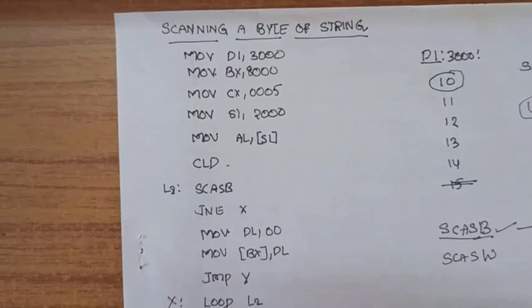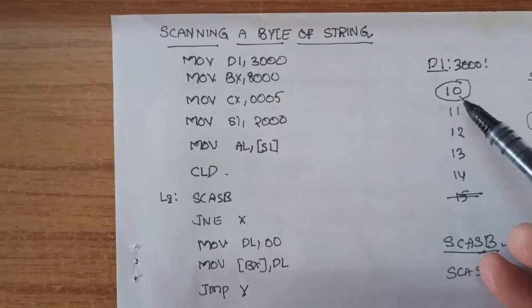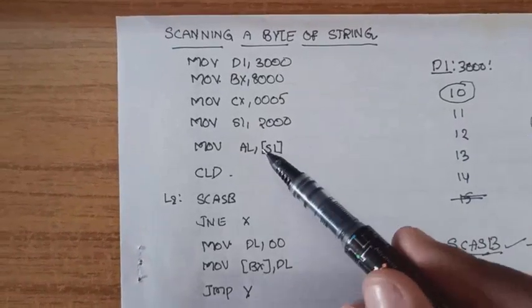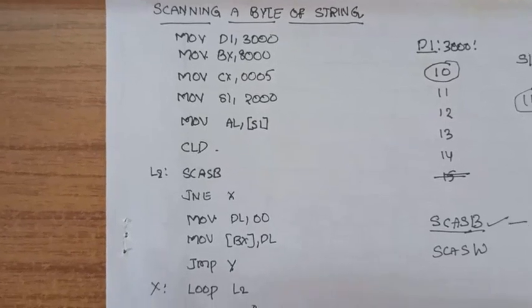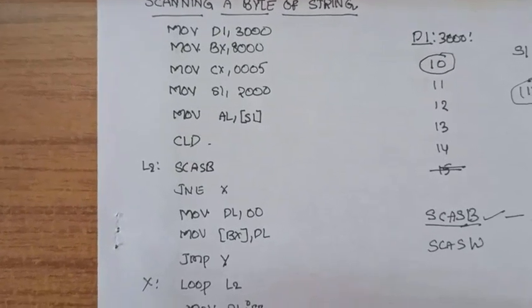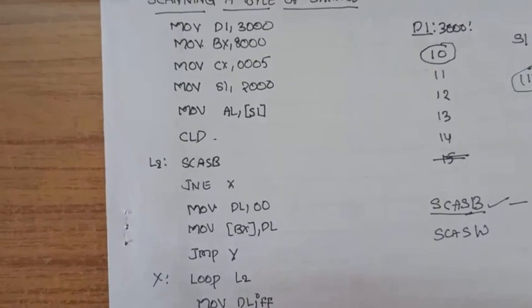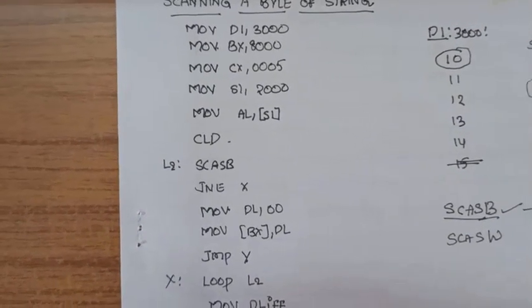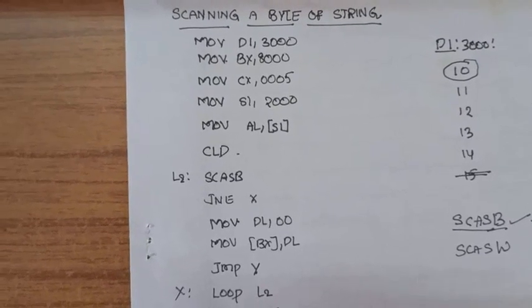The scan instruction compares the scanned data with the AL data and internally subtracts. It compares whether both are the same or not, and the result is indicated in the form of a zero.